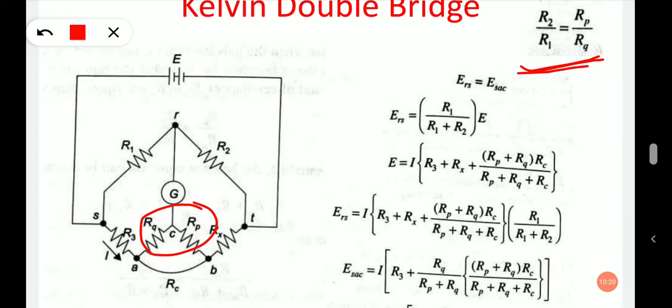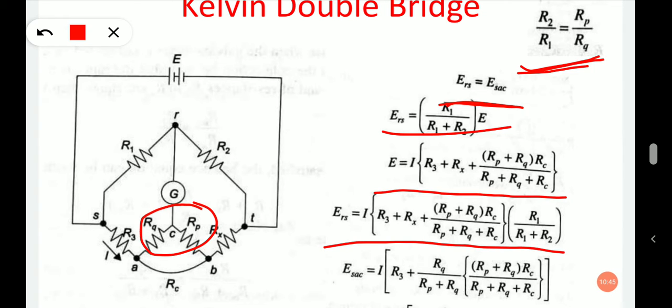So mathematically we can write ERS equals ESAC, where ERS equals R1 upon R1 plus R2 into E, and E equals I in bracket R3 plus Rx plus Rp plus Rq into Rc upon Rp plus Rq plus Rc.